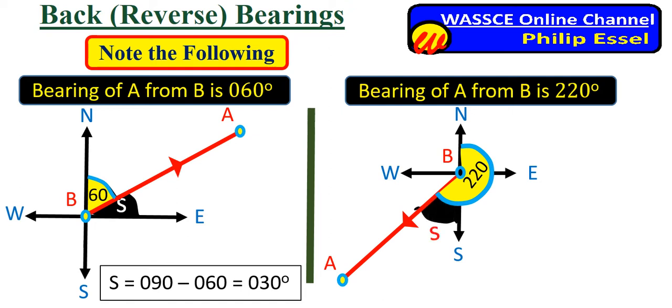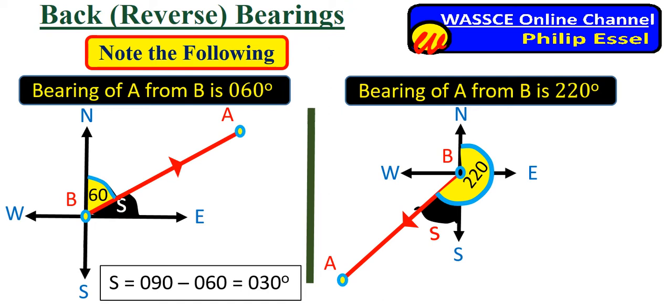Let's start by looking at the clue. From the north pole to the south pole, the angle is 180 degrees. And from the north pole to the red line, the angle is 220 degrees. So how do we find the value of the angle marked S?